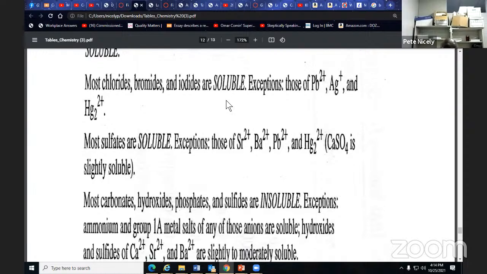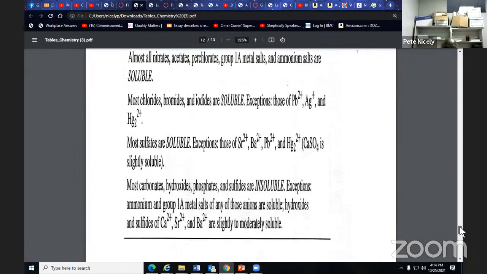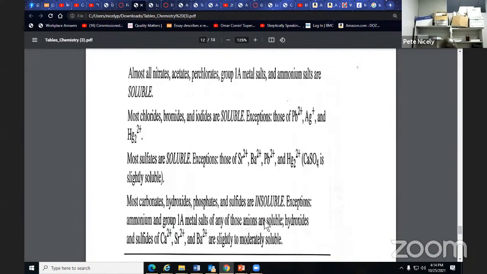So this table summarizes the different properties of different ionic compounds, right? And you can use this to make predictions as to a particular ionic compound being soluble in water. Just to give you an example, the first line says, almost all nitrates, acetates, perchlorates, group 1A metal salts, and ammonium salts are soluble. So basically, any ionic compound which fits this criteria right here, you can rest assured that it will dissolve in water, all right?